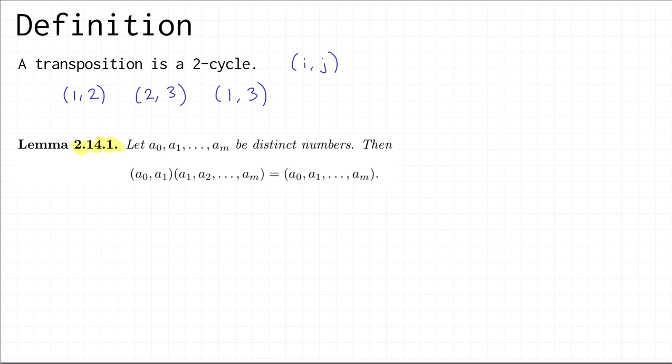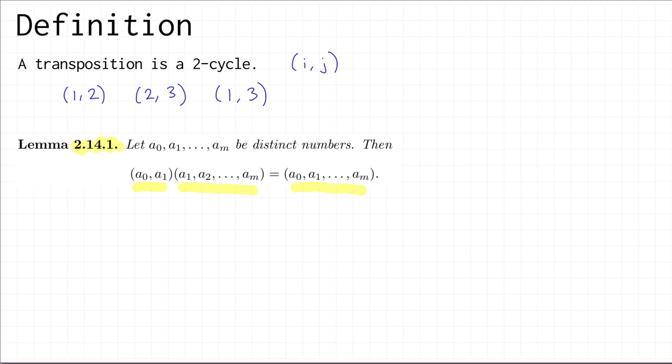So what it claims is that if you've got some distinct numbers a0 up to am, then if you multiply the transposition (a0 a1) into the m-cycle (a1 up to am), then the result is the (m+1)-cycle (a0 a1 a2 up to am). So to prove this, let's just think what it's saying.